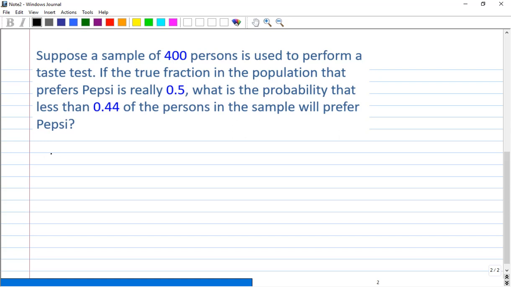Okay, anyway, so in this problem, we know that p, the population proportion, is 0.5. Now, we also know that n is equal to 400. That's the sample size. And we're trying to figure out the probability that p hat is less than 0.44.